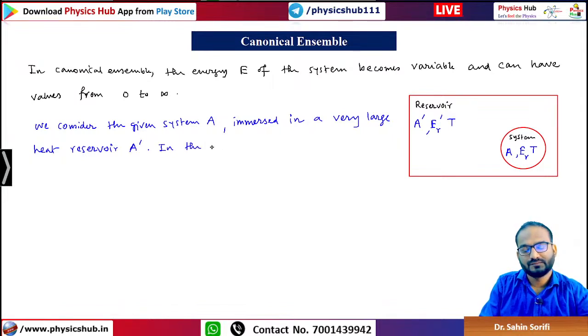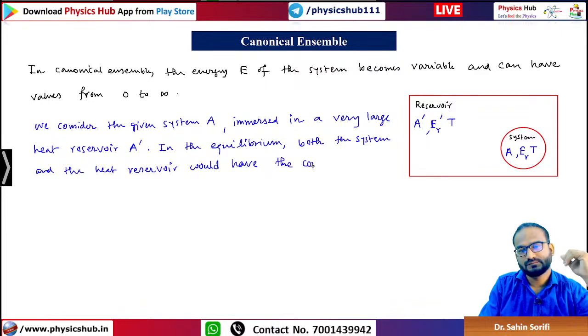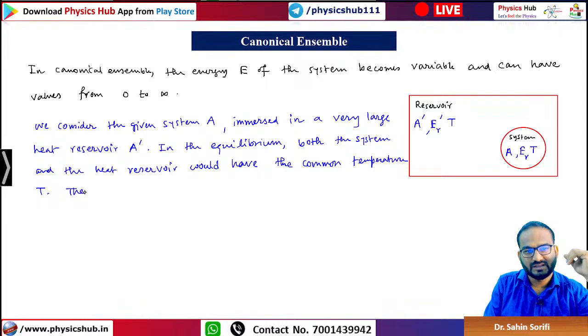In equilibrium, both the system and the surrounding heat reservoir would have the common temperature T, but their energies would be variable.